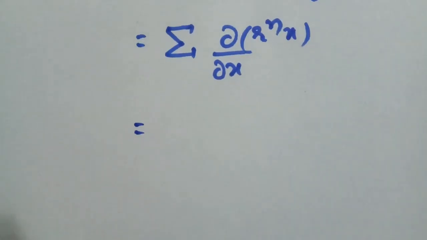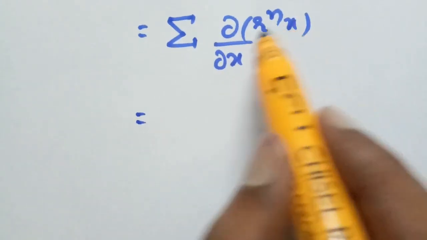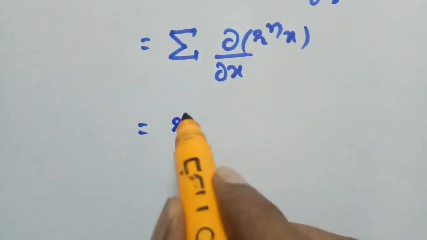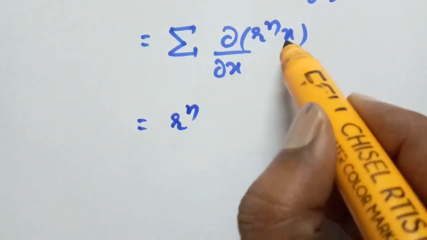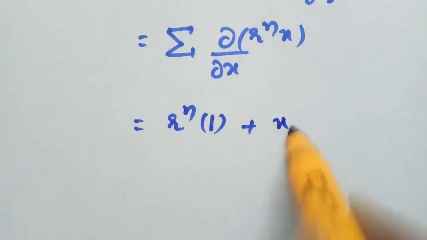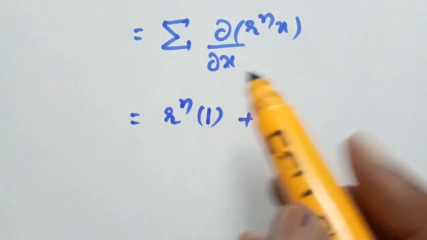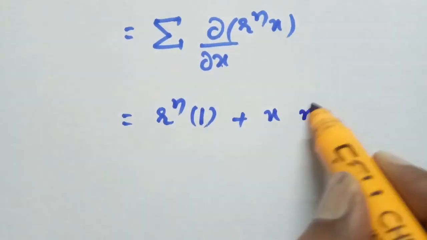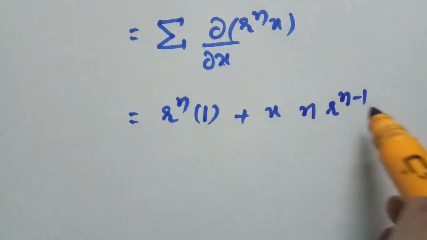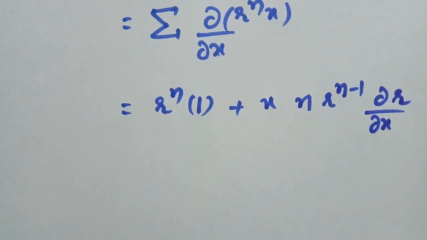Here r is a function of x, y and z. Here both are having x, therefore apply u into v formula. So u, that is r power n, into dou by dou x of x, that is 1, plus v, that is x, into partial derivative of r power n with respect to x, that is n into r power n minus 1 into dou by dou x of r, since r is a function of x, y and z.